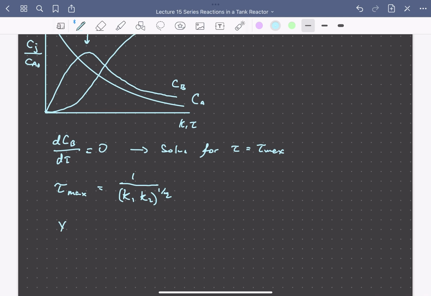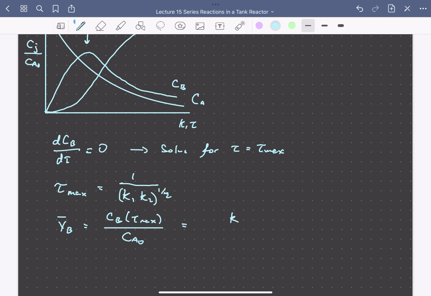And the yield at this point we can also write as, so the yield of B we'll write as the concentration of B at that residence time, tau equals tau max, divided by Ca0. So how much B did we make relative to how much A we started with?